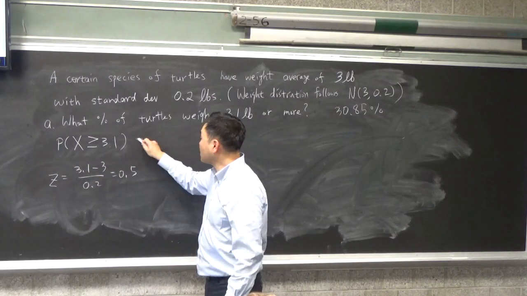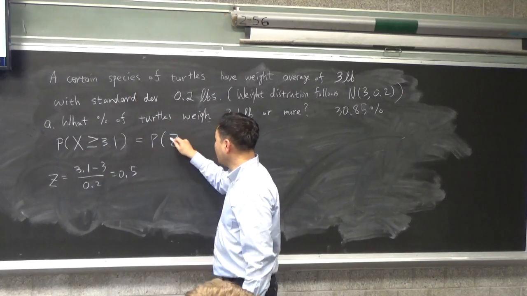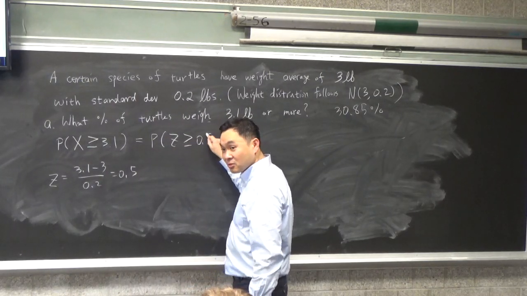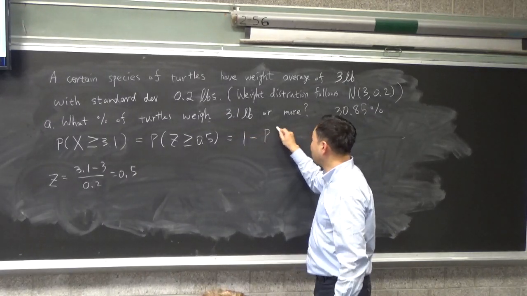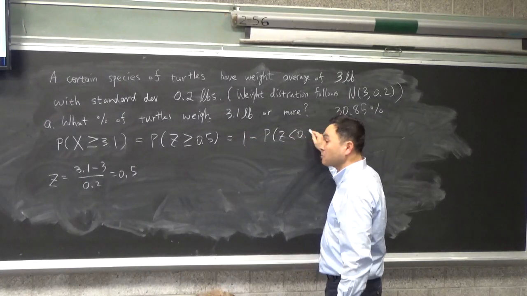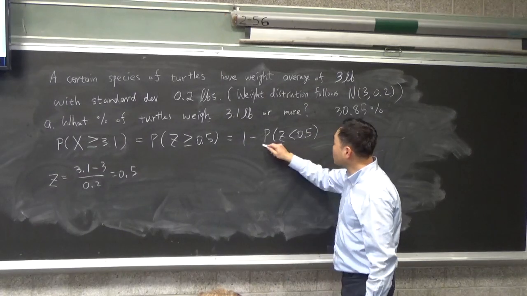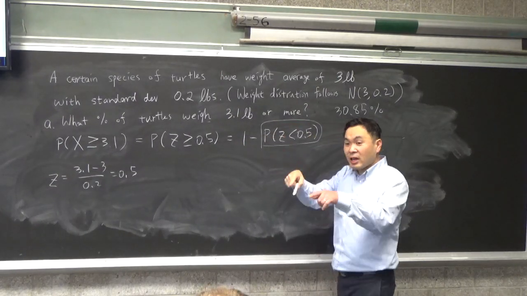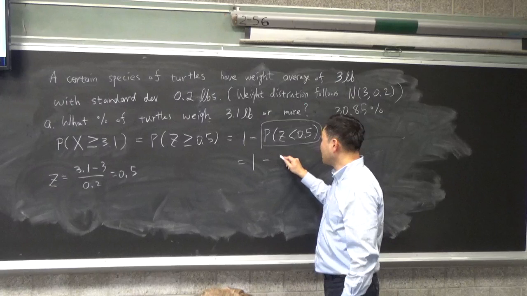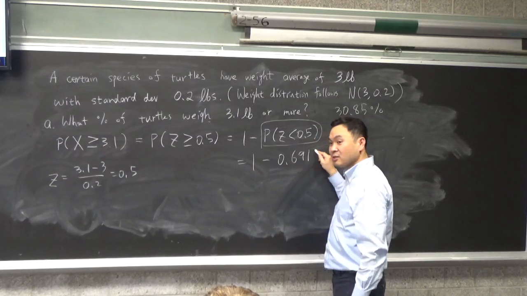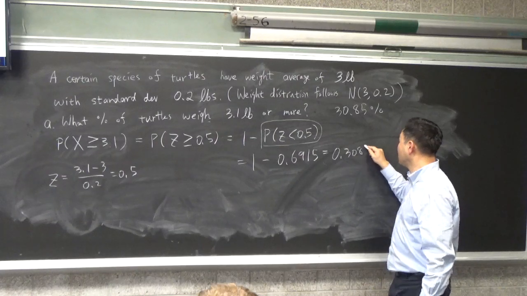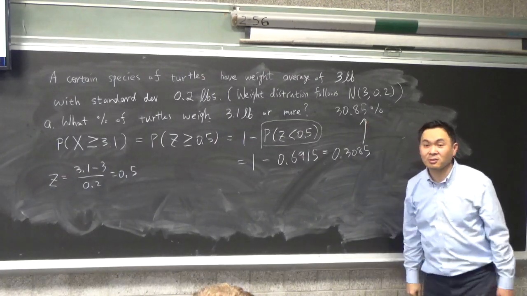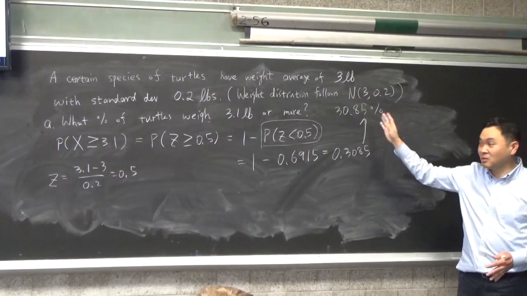Then you rewrite this as probability of z greater than 0.5. This is the same as 1 minus P of z less than 0.5. Then you use the table to find that this is 1 minus 0.6915, which gives you 0.3085. And therefore, that's the answer. That will be the more streamlined one.